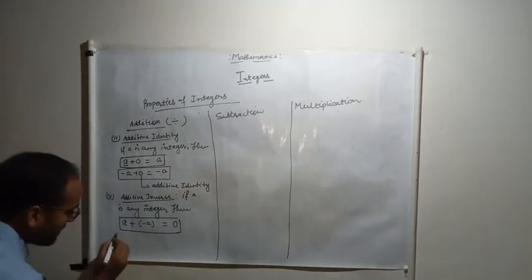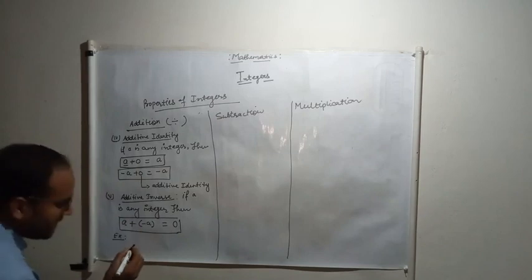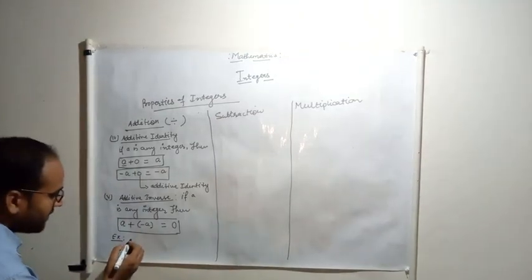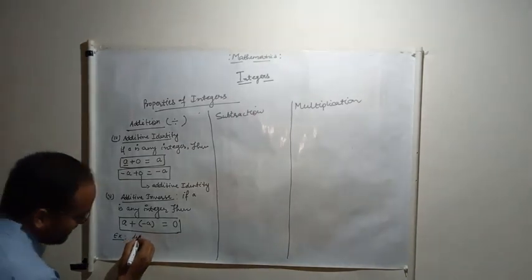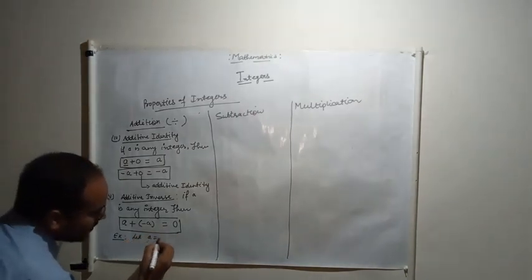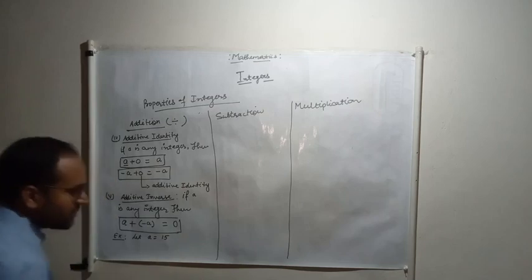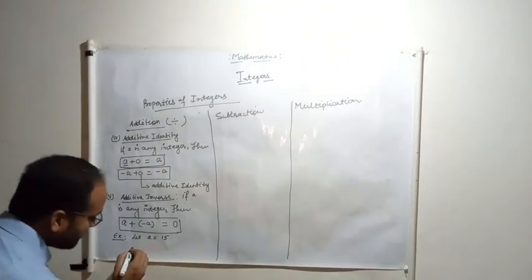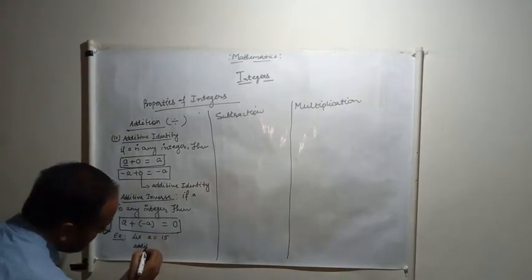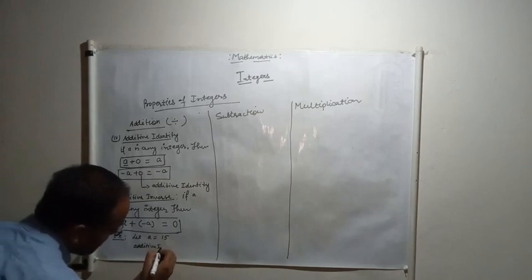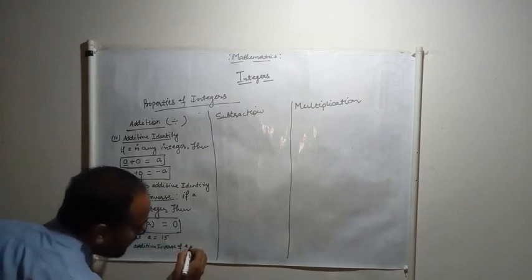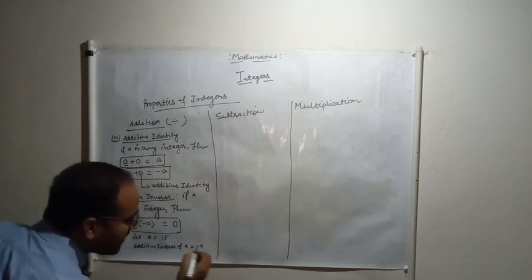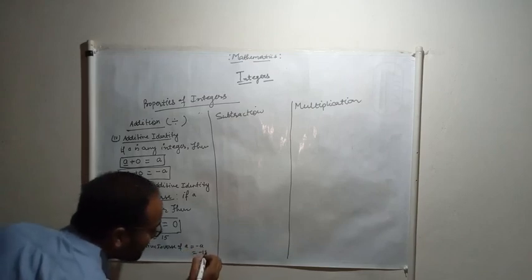For example, let a be equal to 15. What is its additive inverse? The additive inverse of a is minus a, so here you get minus 15.